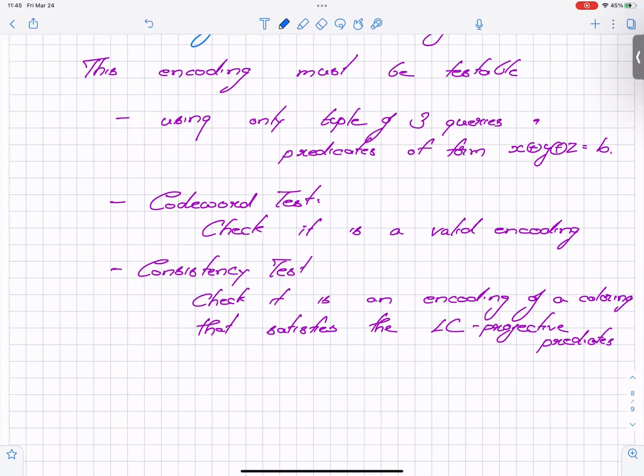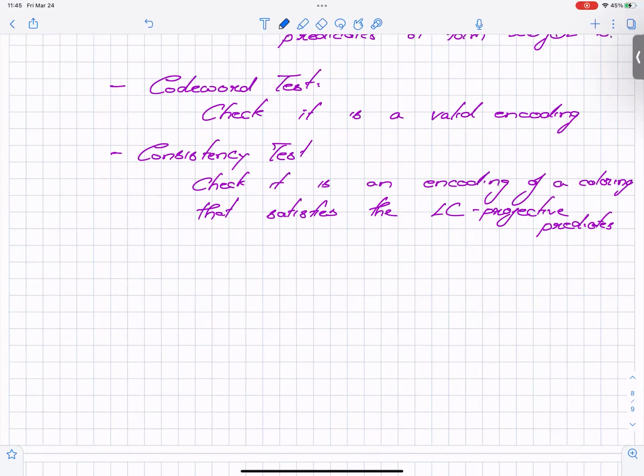So the question we're going to ask is: what is a code that supports these properties?